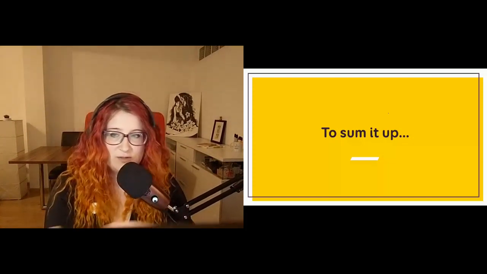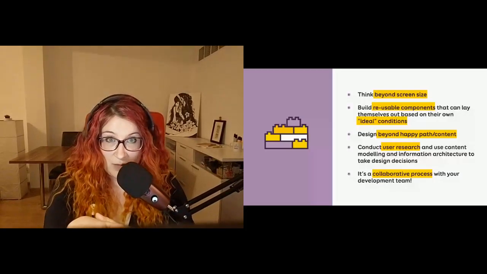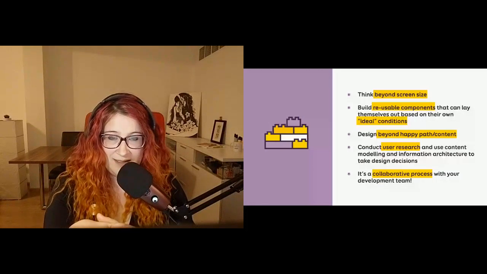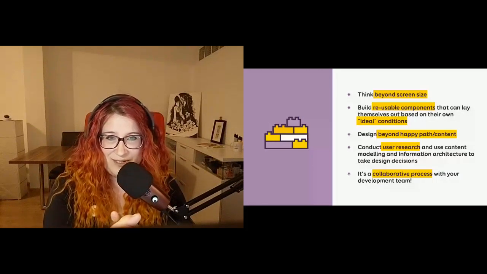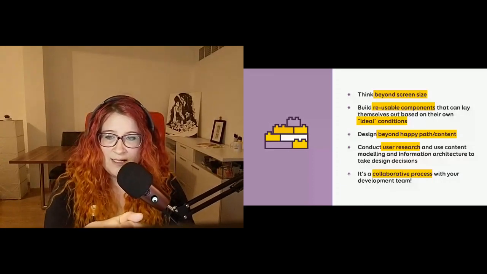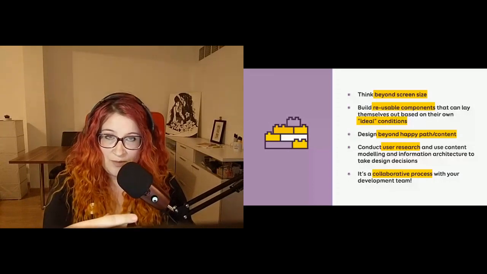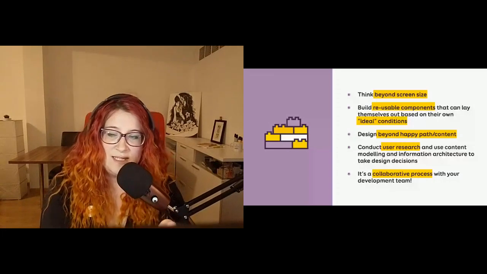So Flexbox, grid layout, all of this stuff. Design beyond the happy path and happy content, because most of the time your content is never going to be as perfect as you had it in your design files. And conduct user research, understand content modeling and information architecture to make those design decisions.